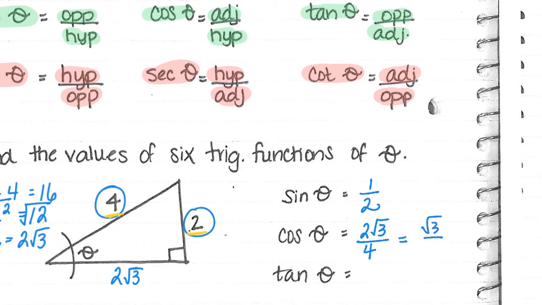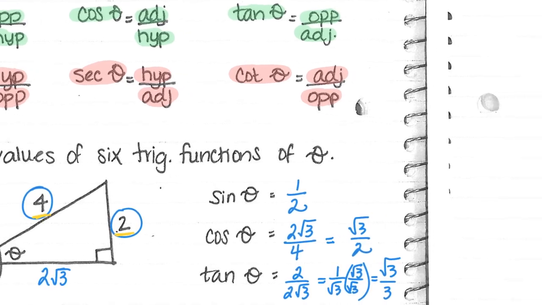That reduces to root 3 over 2. Tangent is opposite over adjacent. Well, this reduces to 1 over root 3, but don't forget we have to rationalize. So we get root 3 over 3.